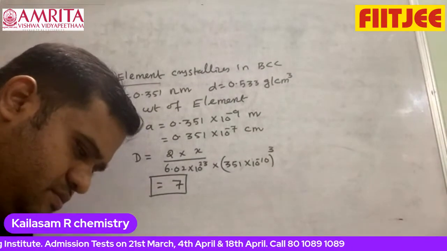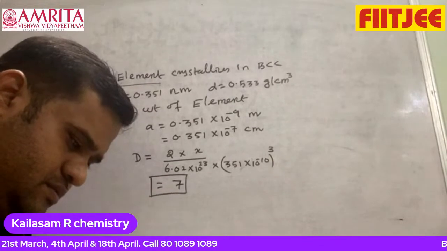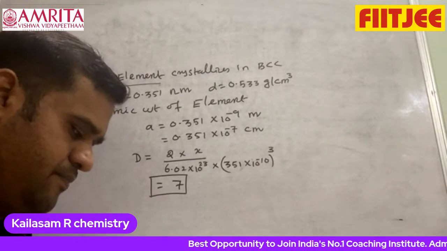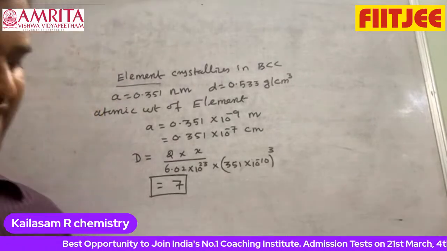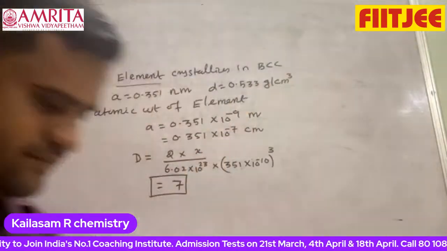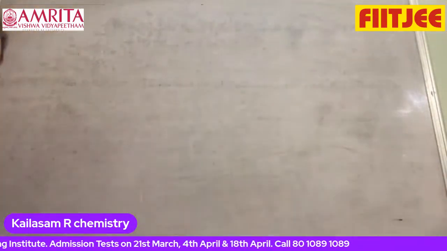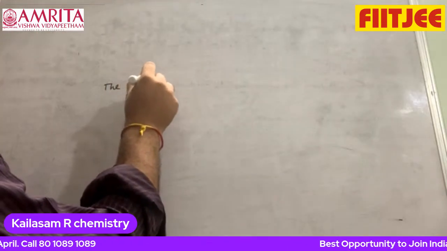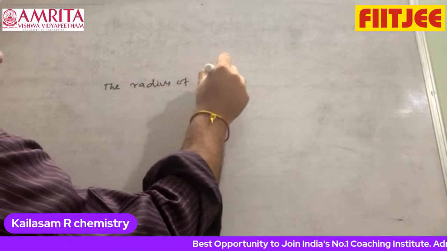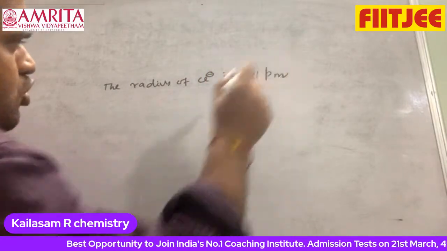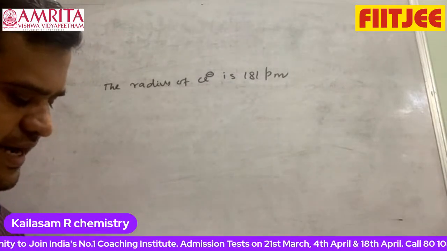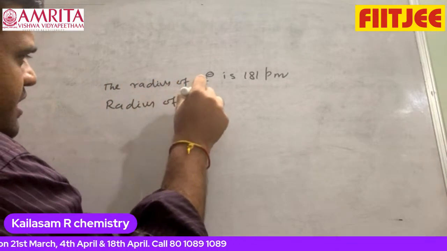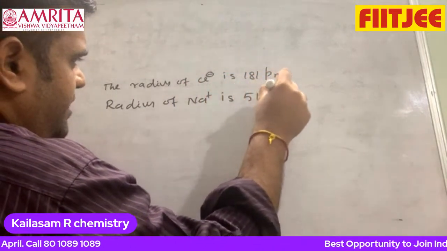The next question. They have given the radius of Cl minus is 181 picometer, and the radius of Na plus is 51 picometer.